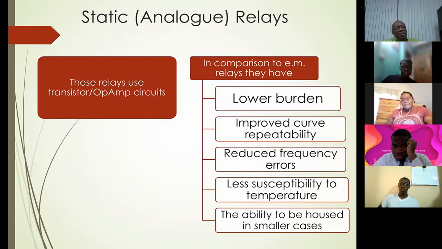Because the newer relays, what you would have needed 3 electromechanical for, you now use 1, which is monitoring all 3 phases. You had an electromechanical per phase. So those are some of the benefits.